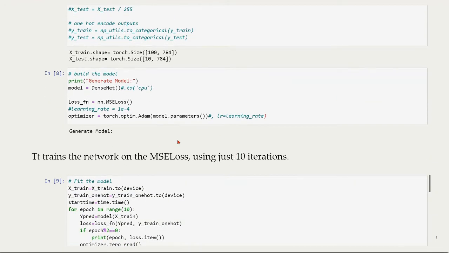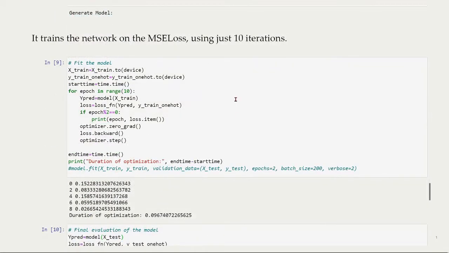Here we are defining our model using the network structure that we previously defined. We are now using the mean squared error loss, and for the optimizer we still use the Adam optimizer. At this point we are training the network on the mean squared error loss using just 10 iterations like we did before.